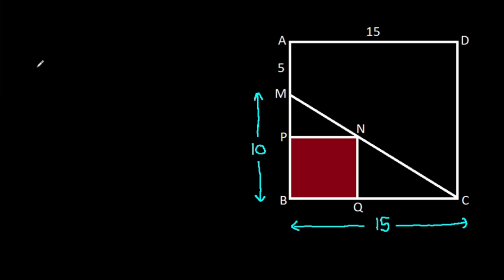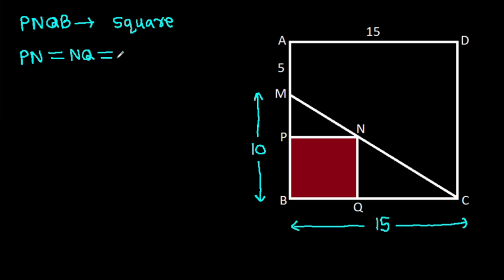Here we know that PNQB is a square, and suppose PN is equal to NQ is equal to QB is equal to BP is equal to x. PN is x, NQ is x.